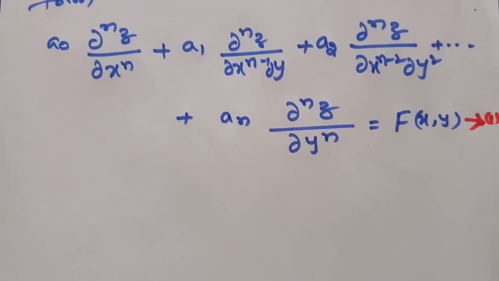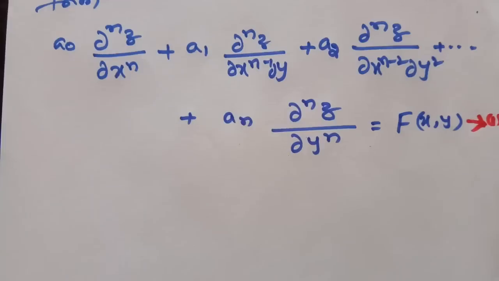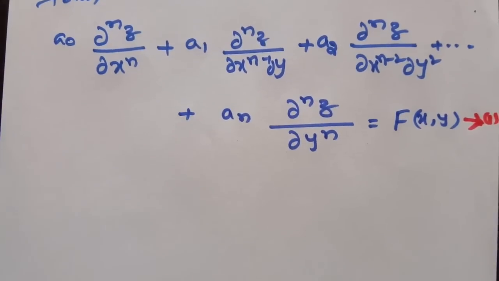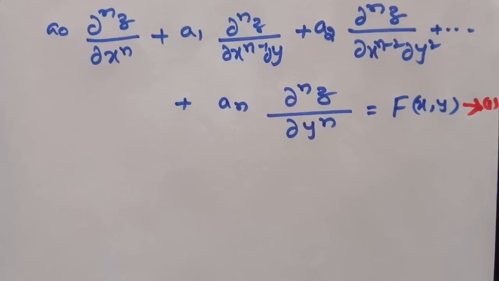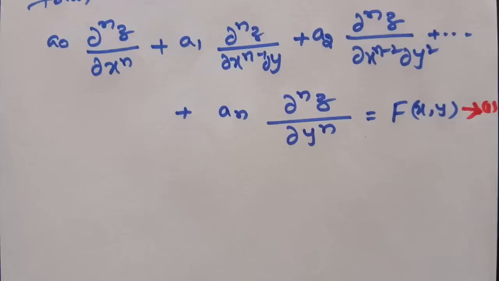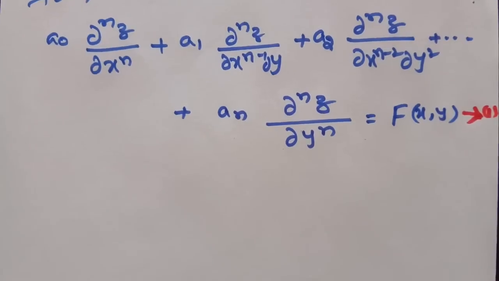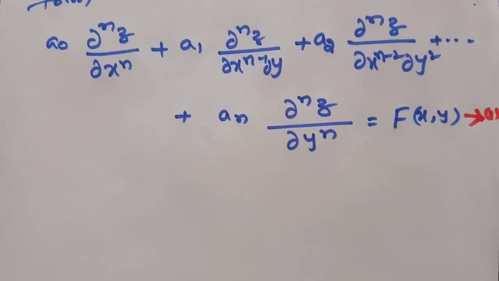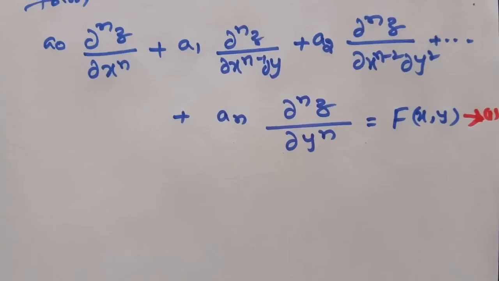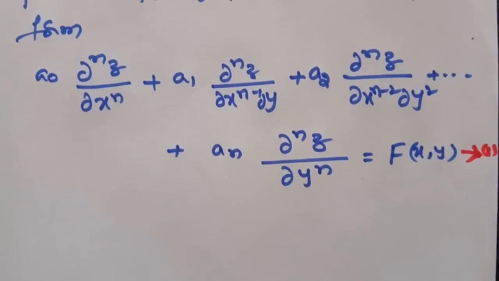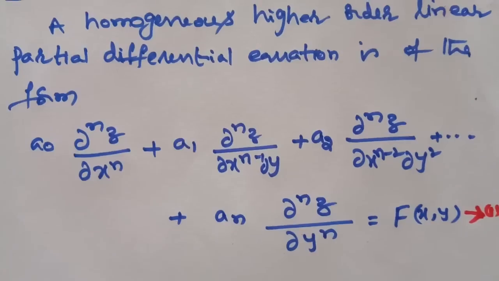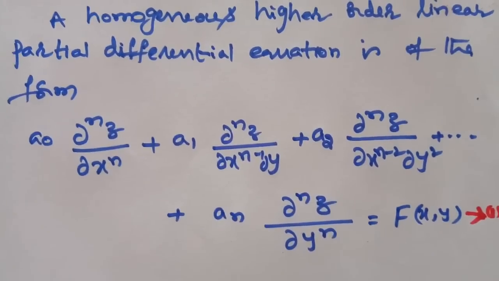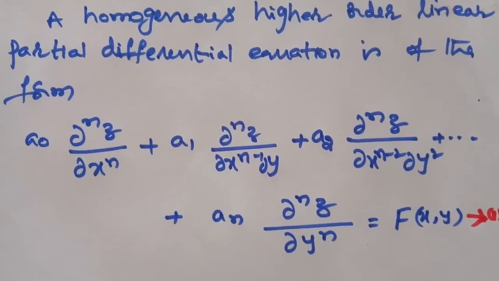Linear partial differential equation means the degree of each term in the differential equation must be equal to 1. Here z is the dependent variable, and x and y are independent variables. The dependent variable and its derivatives are not multiplied together. Those types of equations are called linear partial differential equations.